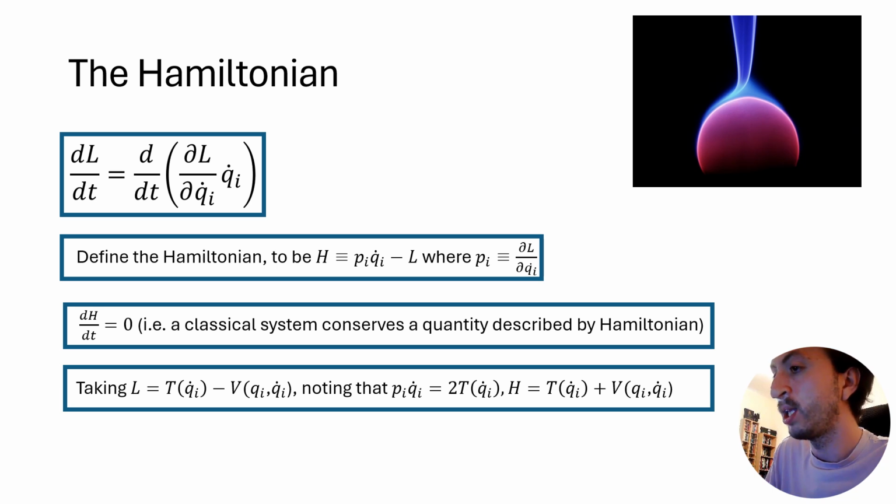The sum of kinetic and potential energy will be constant. So the Hamiltonian, if we're considering a closed system with traditional forces, can be thought of as the total energy of a system and is therefore naturally conserved thanks to the conservation of energy. So that's the meaning of the Hamiltonian.